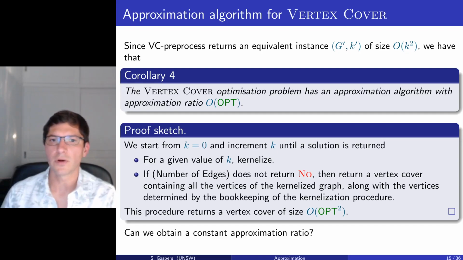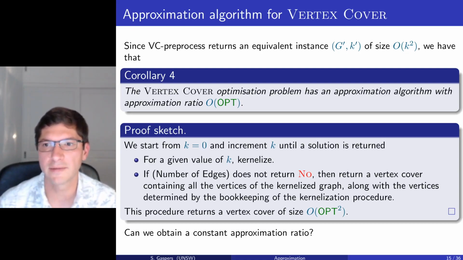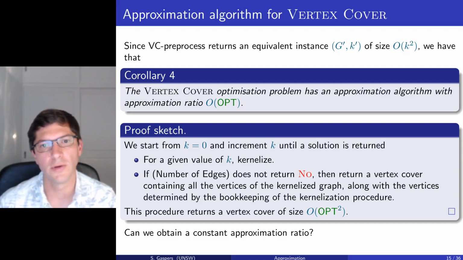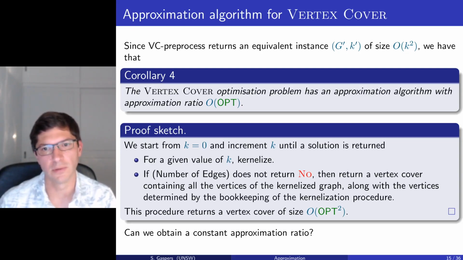So this corollary here will tell us that the vertex cover optimization problem has an approximation algorithm with approximation ratio order opt. So we start from k equals 0 and we increment k until a solution is returned. For a given value of k, we first of all kernelize.